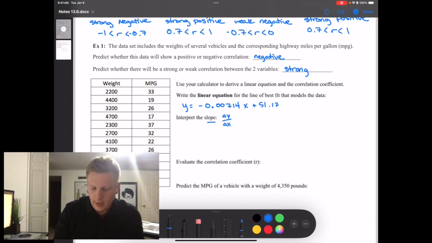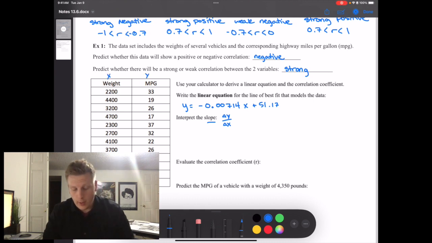My y values here were the miles per gallon. The x's were my weight. So I'm thinking about what is changing here. It looks like miles per gallon are changing depending on my weight. This is negative, so I know it's going down.